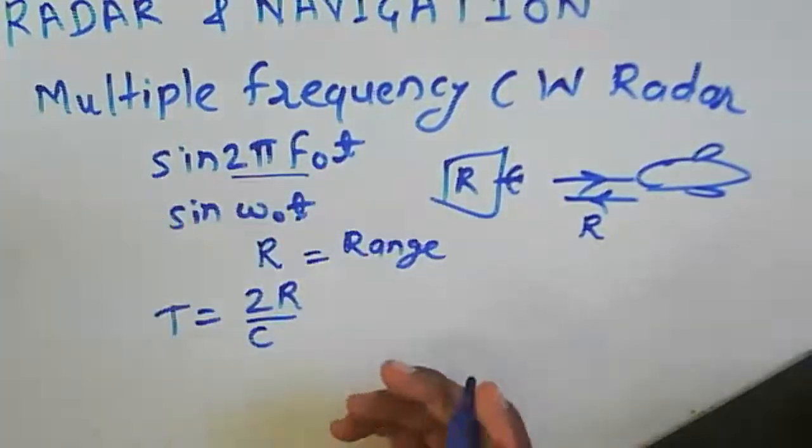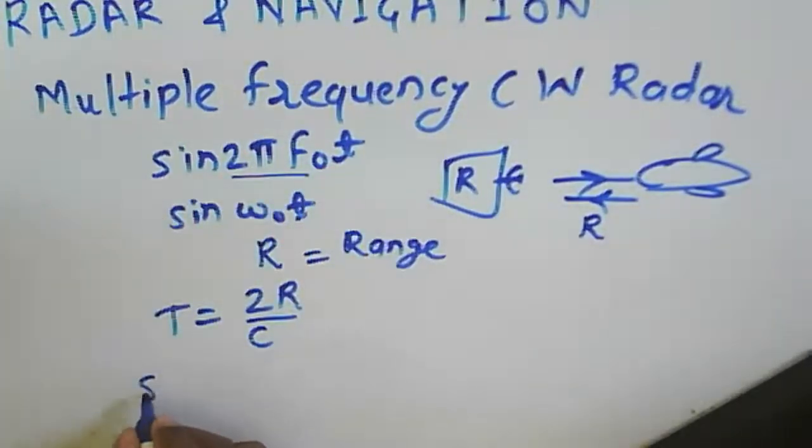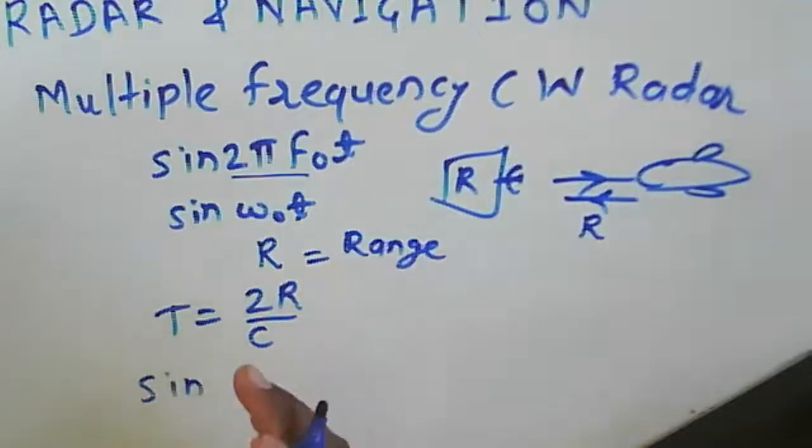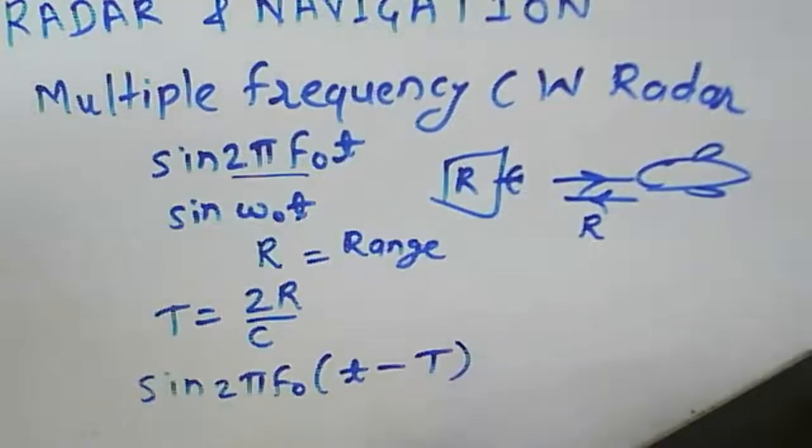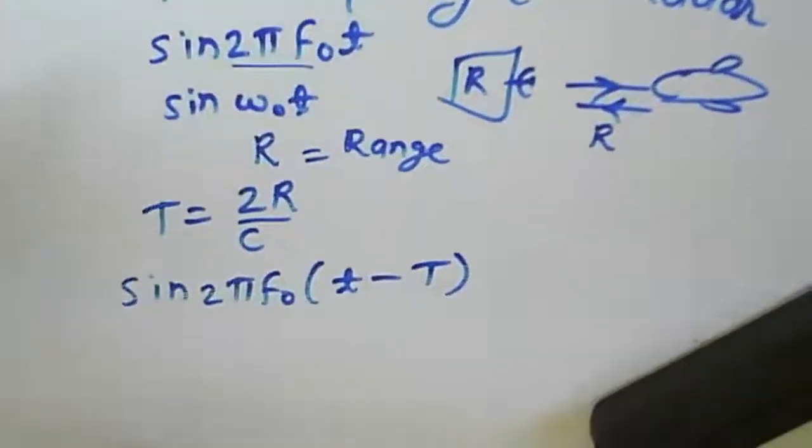For the transmitted signal and the echo signal received at the radar, there is a small difference in time. So we can write sine of twice pi f0 times t minus t, which is the echo signal we have received.